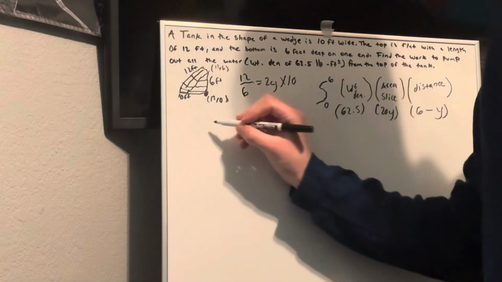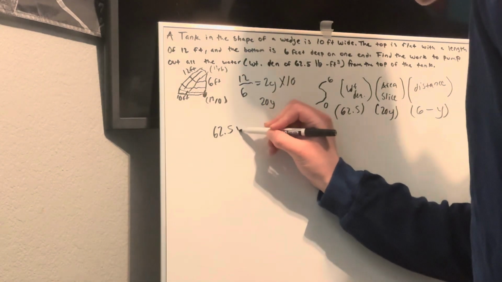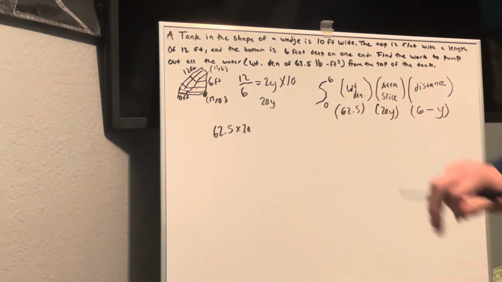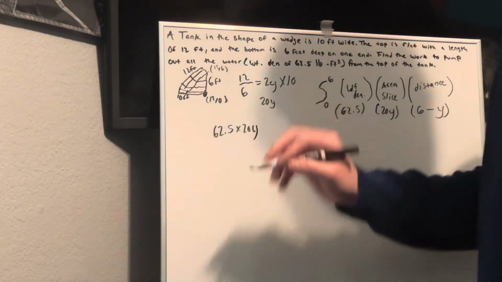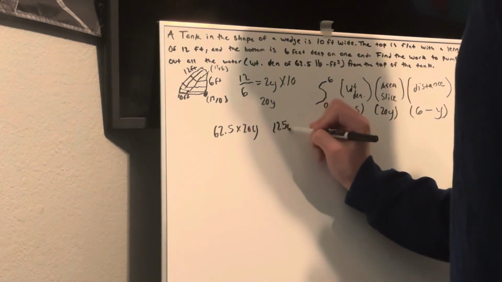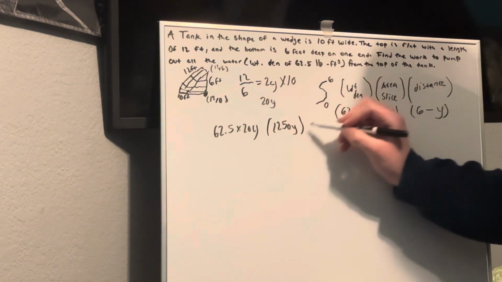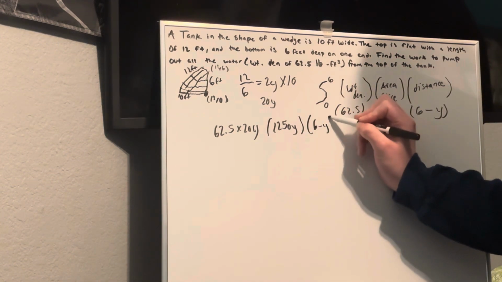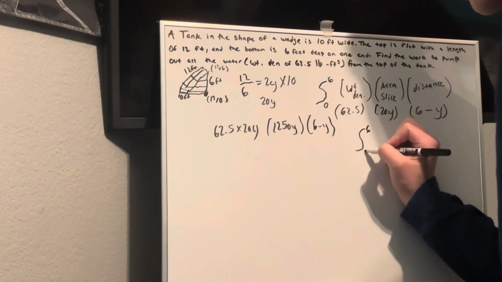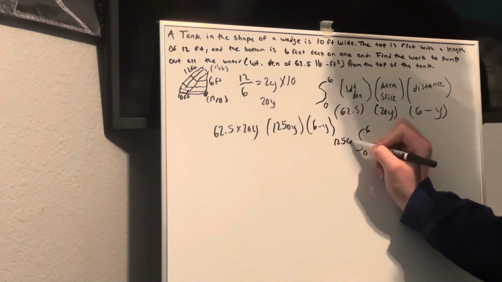62.5 times 20, because we can combine the 62.5 and this 20, so we're just going to multiply these together to get 1,250y, and then we still have the 6 minus y. So we can pull out the 1,250.